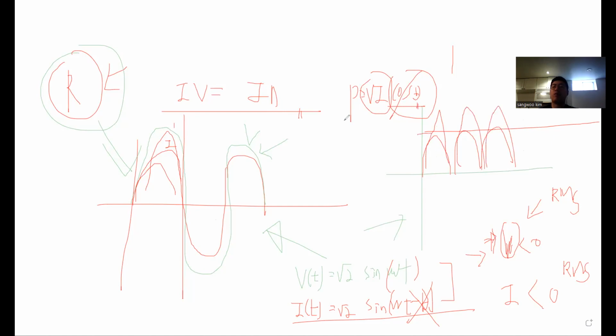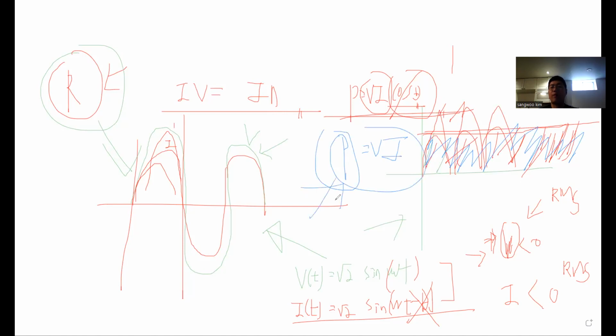From this value, if we take the average value, this part here, we say this is P equals VI. So actually P is the average power.